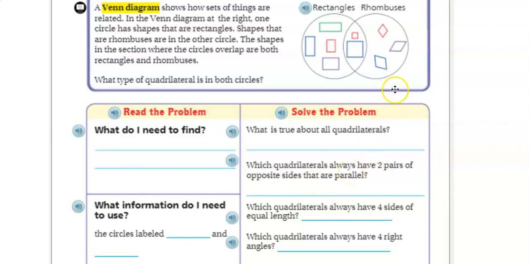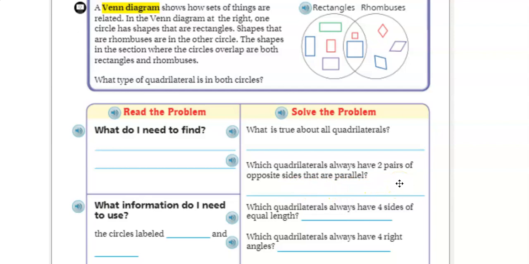If you go up here, this is a rhombus, its opposite sides are parallel. You go here, this is a square, its opposite sides are parallel. And you go over here and you see this is a rectangle, its opposite sides are parallel. So you write down rectangle, rhombus, and squares.